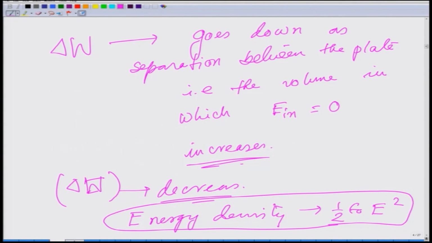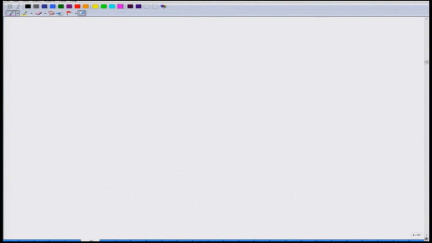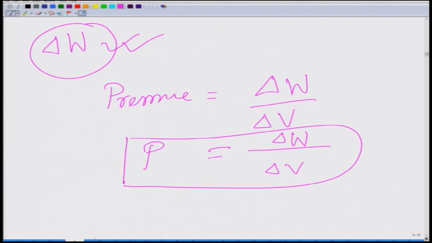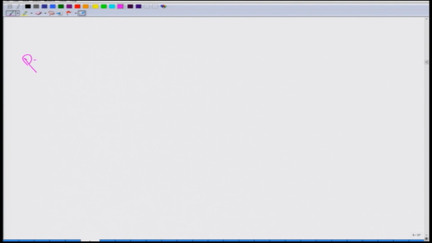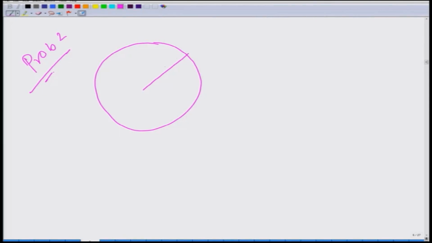All right, that solves the first problem. Now let us move on to the second problem, problem number 2, which is a similar problem, but this time you will be encountering a metal sphere. So you have a metal sphere having radius r, and the z axis is like this.